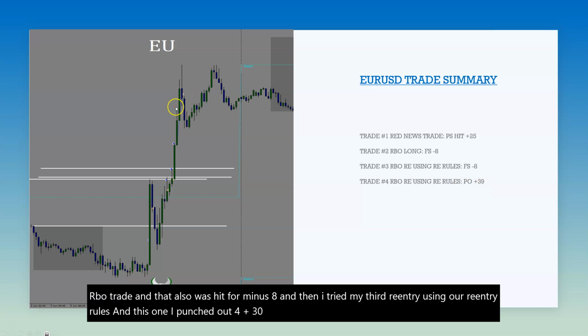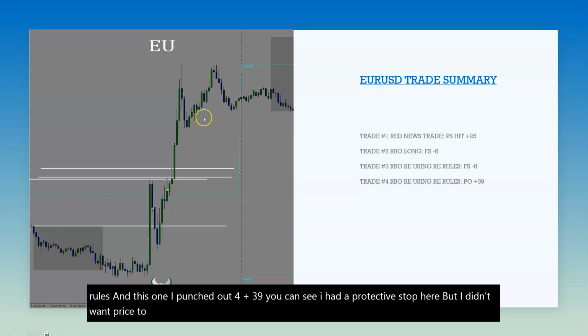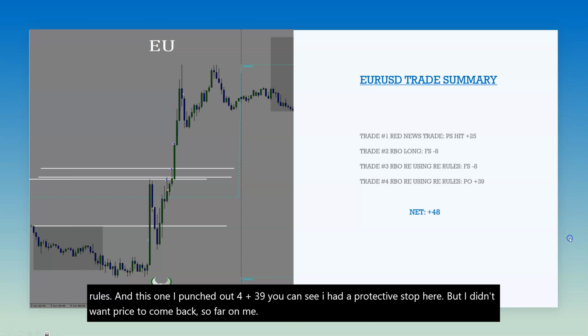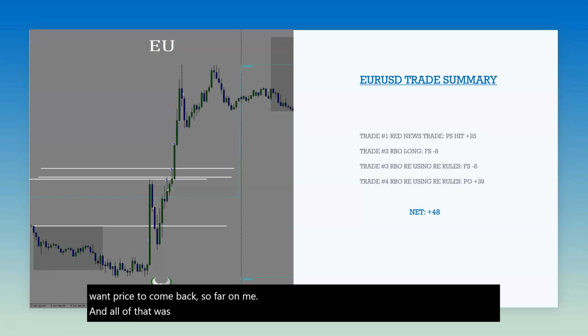You can see I had a protective stop here, but I didn't want price to come back so far on me. And all of that was a net of plus 48 pips on the euro. So again, 2 losses, 1 gain, 2 gains, and a net of 48. So losses do happen.